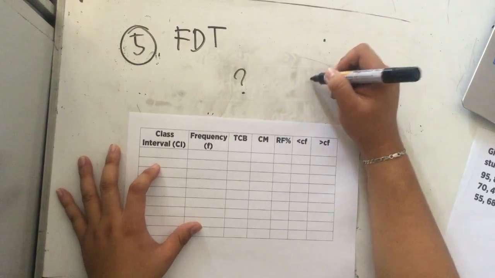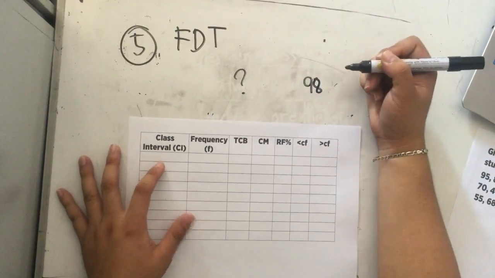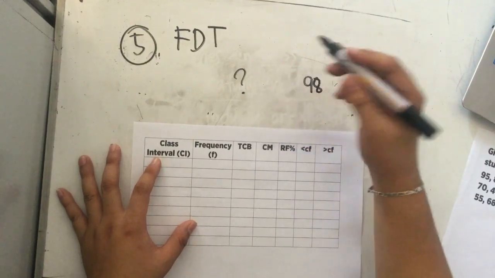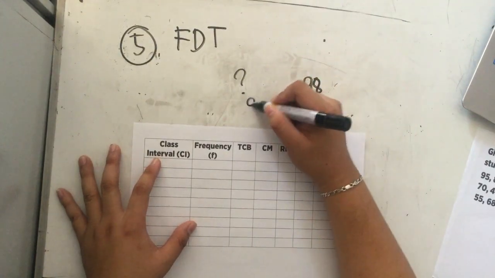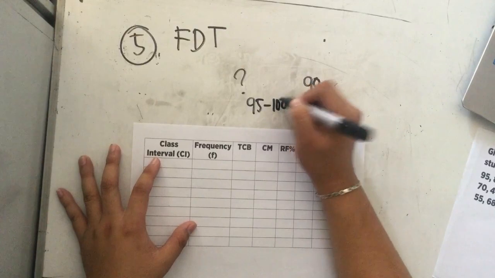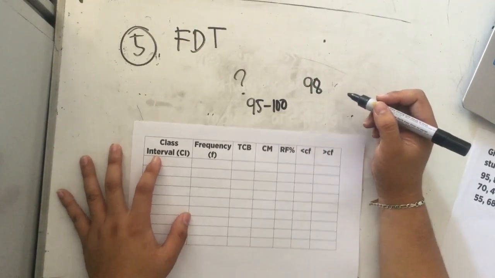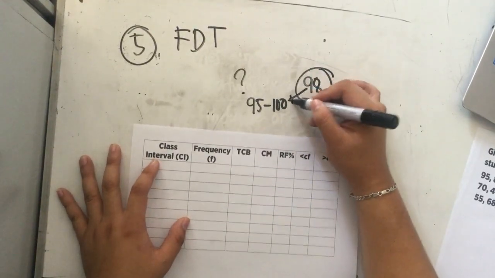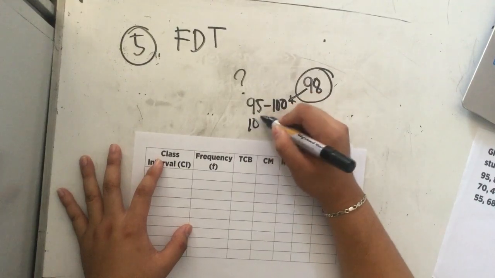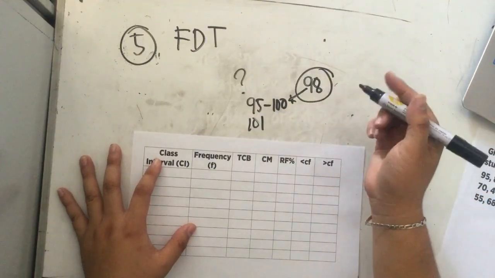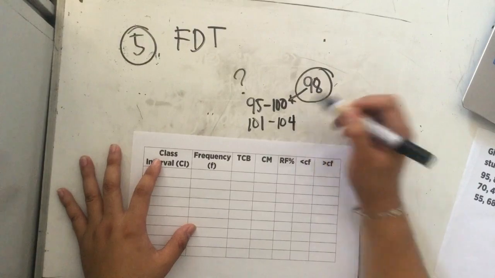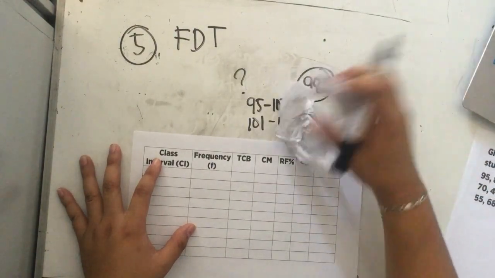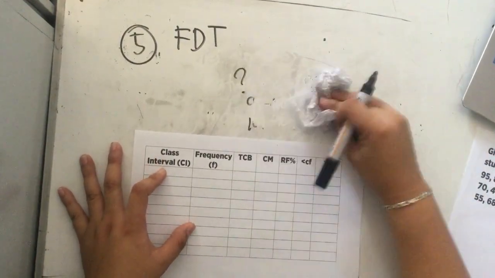Okay, so for example, kung 98 yung pinakamataas na data natin, kailangan, for example, 95 to 100 yung ating interval. So, since na-cater natin yun, hindi na tayo aabot kay 101 to 104. Okay? So, yun yung ating class interval.